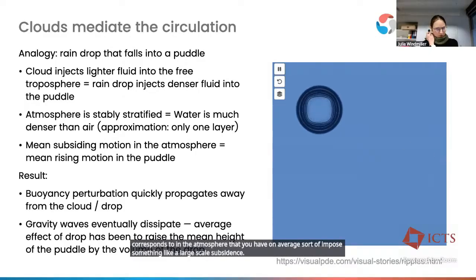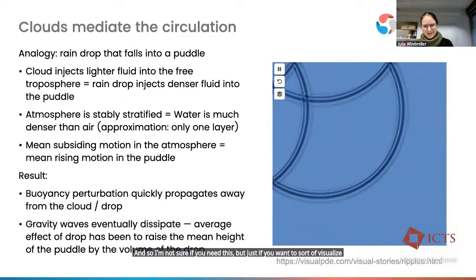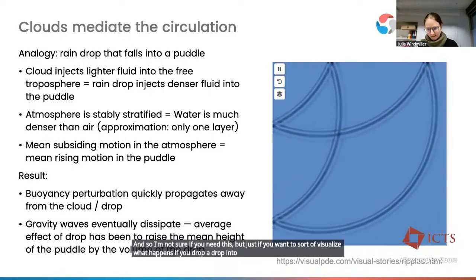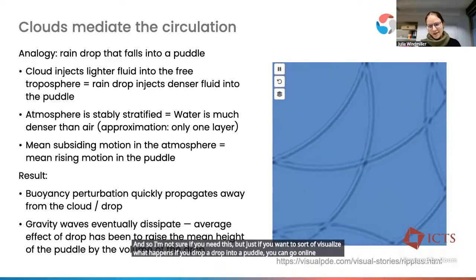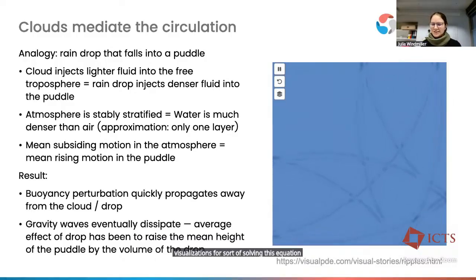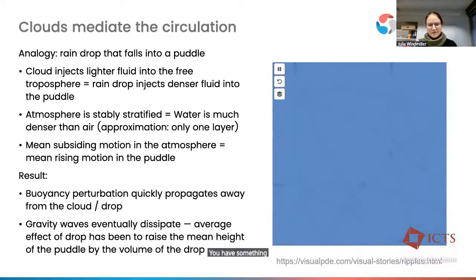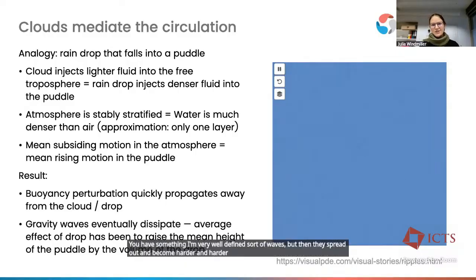I'm not sure if you need this, but if you want to visualize what happens if you drop into a puddle, you can go online, and there are visualizations for solving this equation, and you can see that initially you have some very well-defined waves, but then they spread out and become harder and harder to see. And what happens in the tropics all the time is that it's basically constantly raining into your puddle.